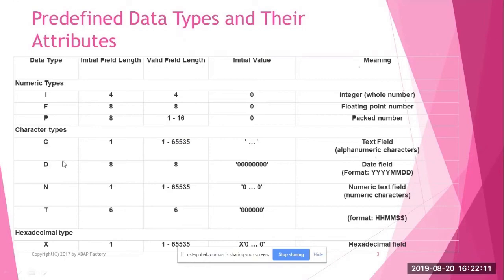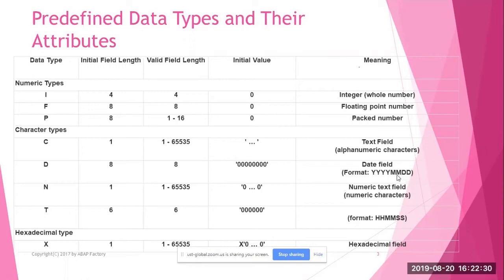D is for date. Again, this is treated as a character type only. Okay, so this is the format: year, month, date. This is the format in which the data will be stored in the database.